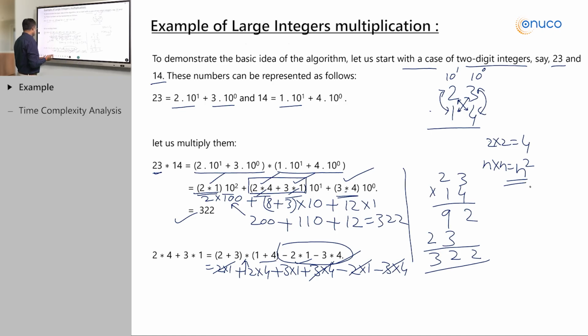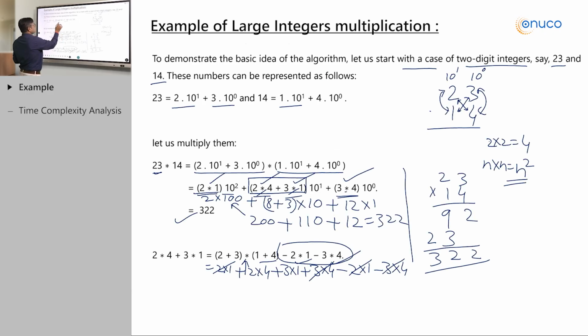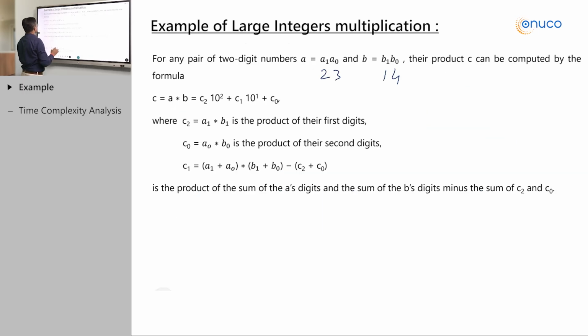So let us see that. How to generalize this? As we have seen in the previous case, A was 23 and B was 14. So what are the values: B0 is 4, B1 is 1, A0 is 3, A1 is 2, right? 23 and 14.